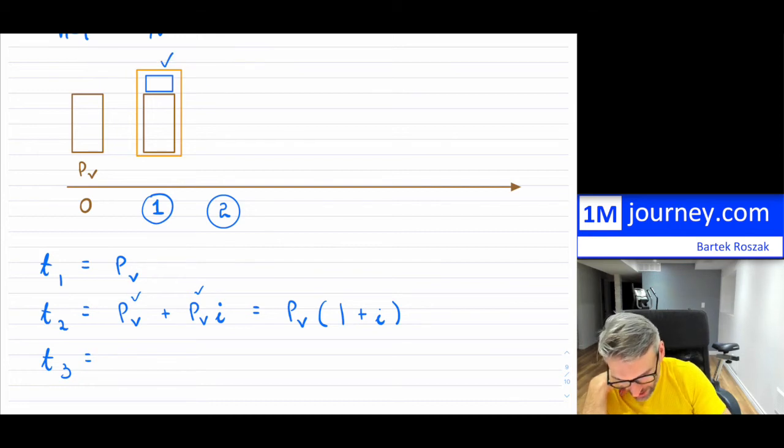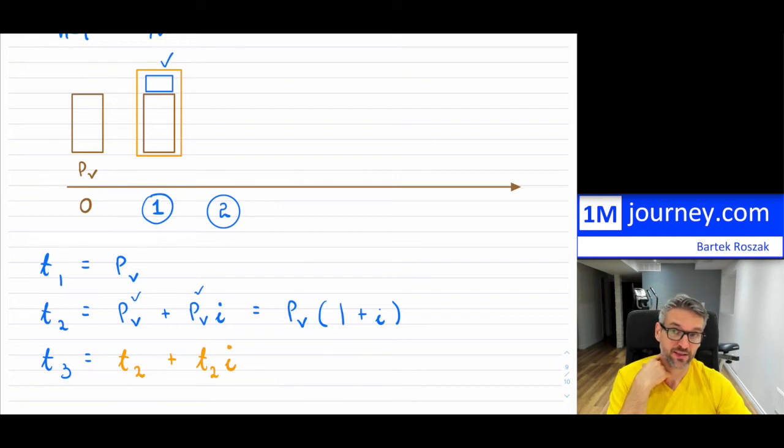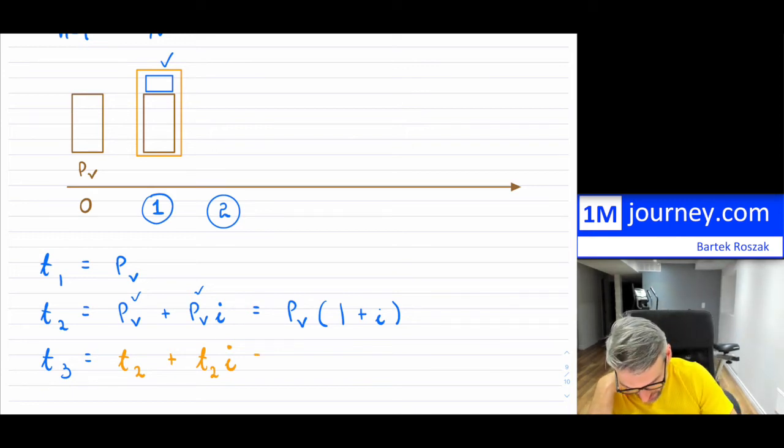So really I'm going to have term number 2 plus term number 2 multiplied by my I. That's why it's compounding, because we are now adding the interest at the end of the year, and the interest will accumulate more interest. If I do this, I can remove the T2 from here, and I'm going to get 1 plus I.